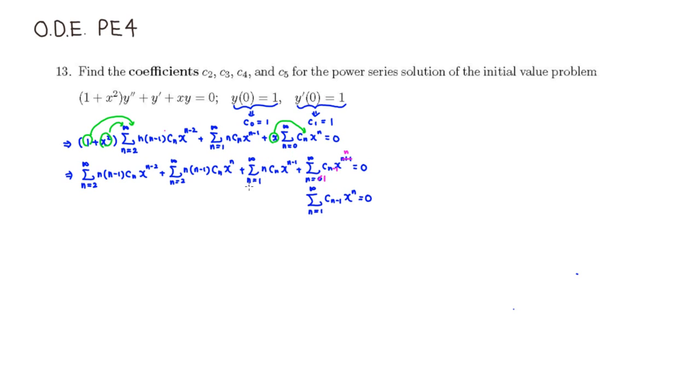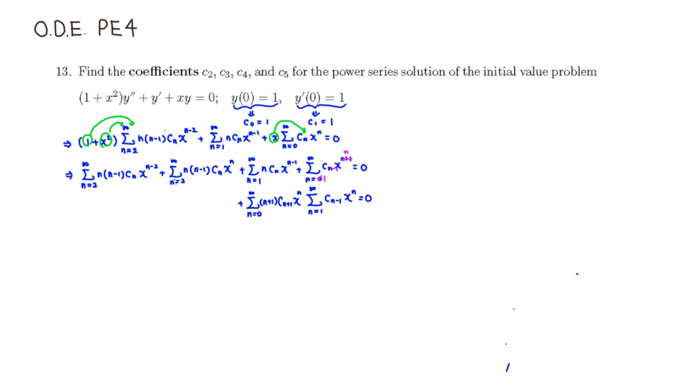So what we can do is start from n equals 0. Since we decrease the starting number by 1, we have to increase the indices by 1. So you have n plus 1 and Cn plus 1, and then you have x to the n. So we have x to the n there.